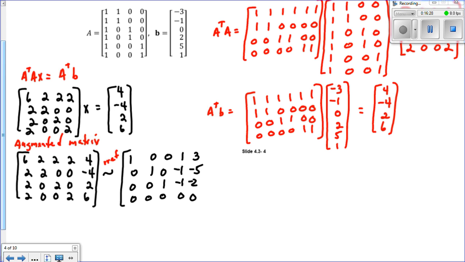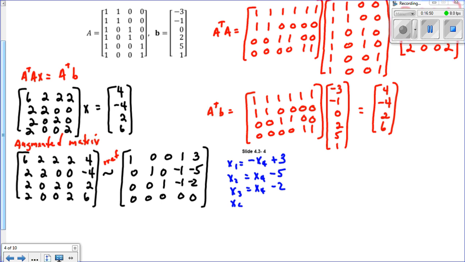Now we'll see that there's a free variable. Since you have a free variable, you know you have an infinite number of solutions. So we have that x1 is minus x4 plus 3. We have that x2 is equal to x4 minus 5. We have x3 is equal to x4 minus 2.